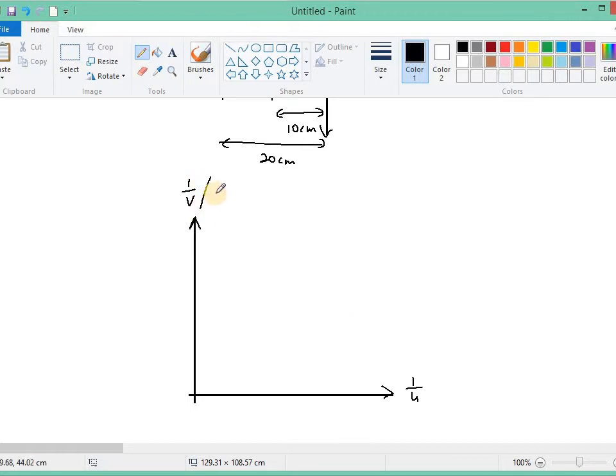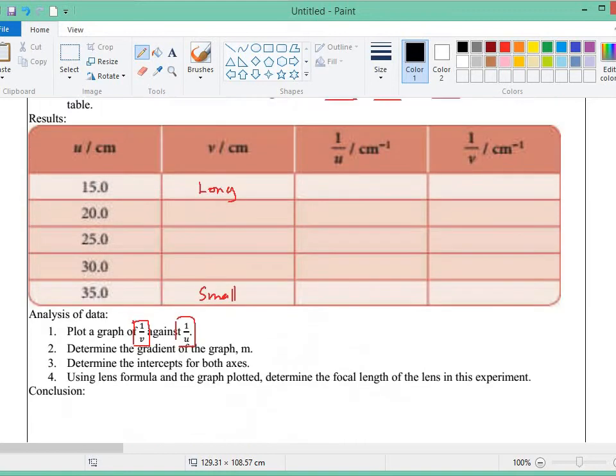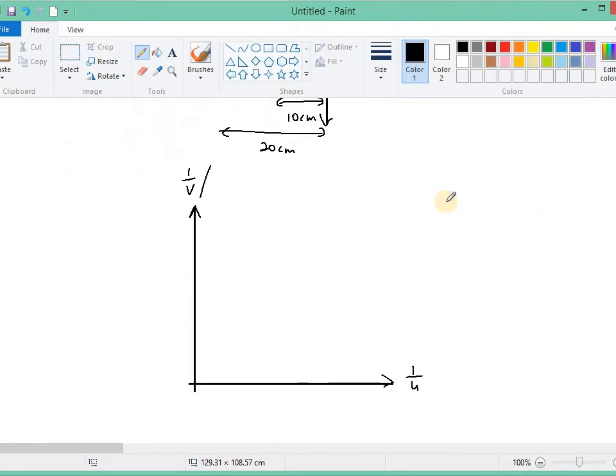The unit in this case, because it is in centimeter, will be per centimeter, and this one also per centimeter. Alright, so the graph will look like this.